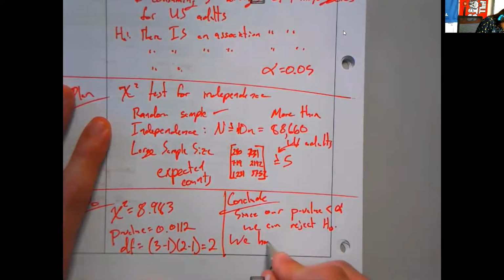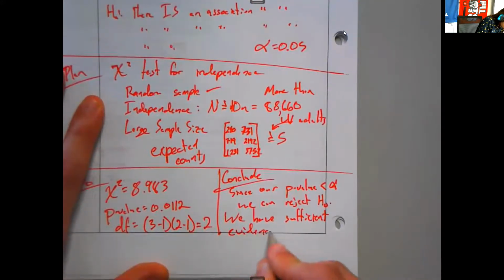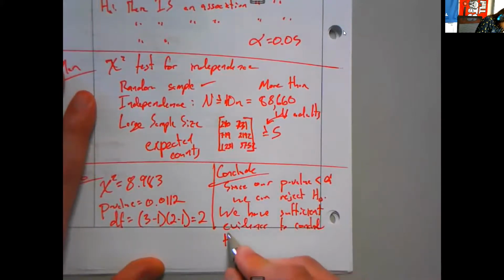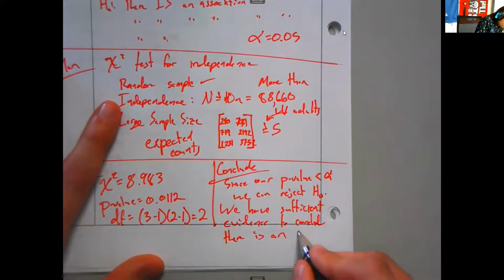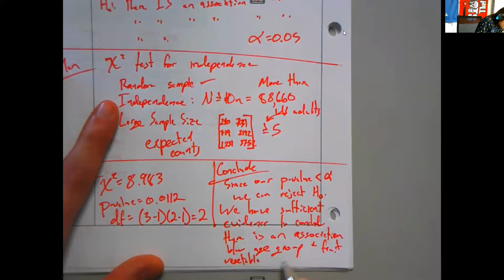We have sufficient evidence to conclude there is an association between age group and fruit, vegetable consumption.